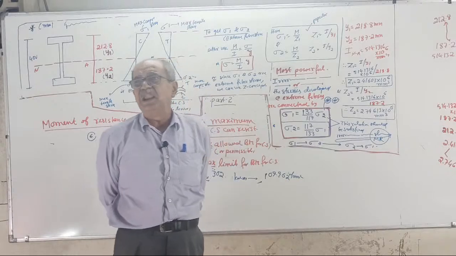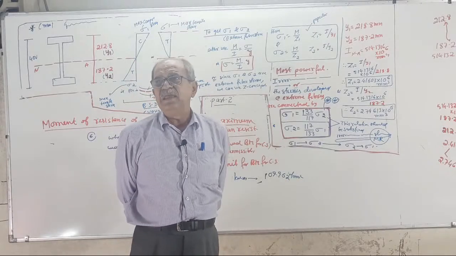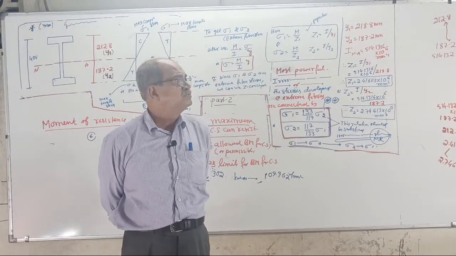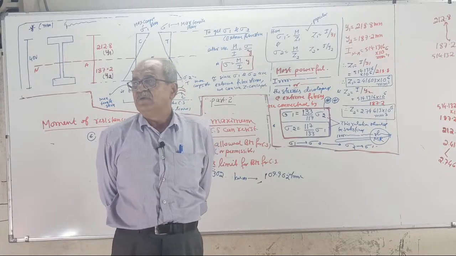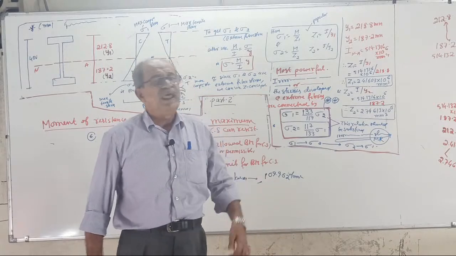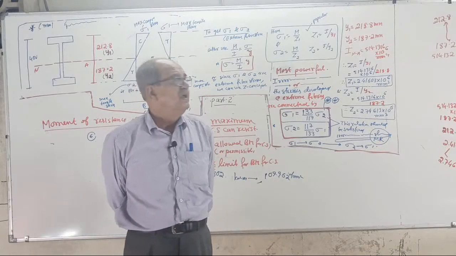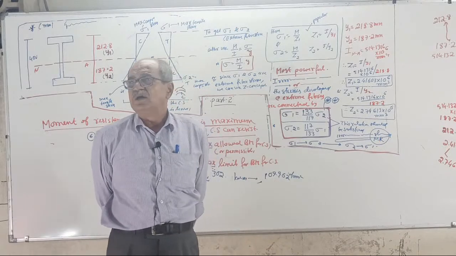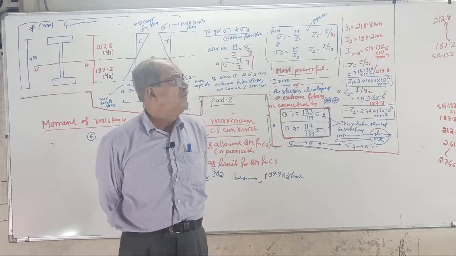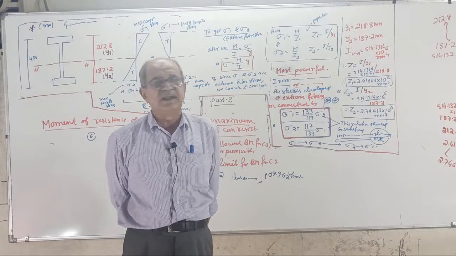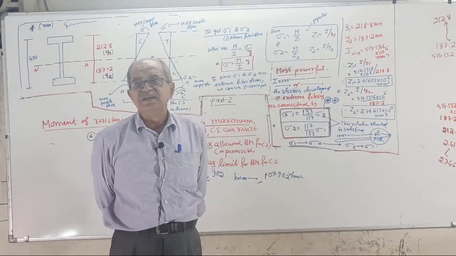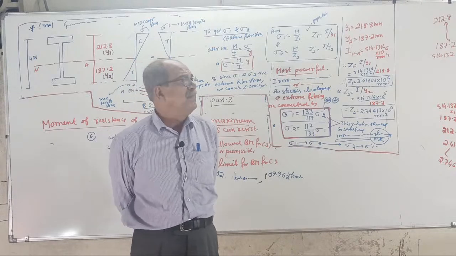For example, steel: in bending, in the working stress method, we take 165 Newton per mm square when laterally supported, whereas in tension we take 150 Newton per mm square. For rivets, shear is 100 for shop rivet, 90 for field rivet, bearing 300, 270, etc. For concrete, M20 concrete, stress is limited to 7 Newton per mm square.